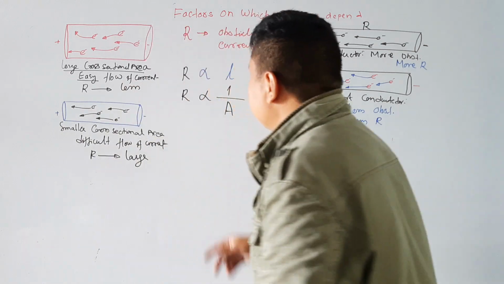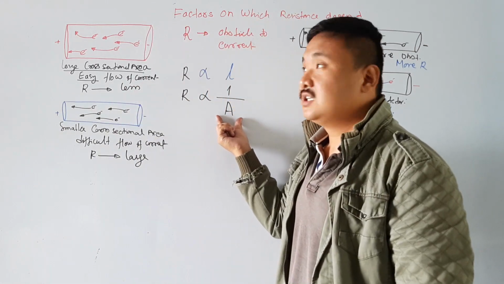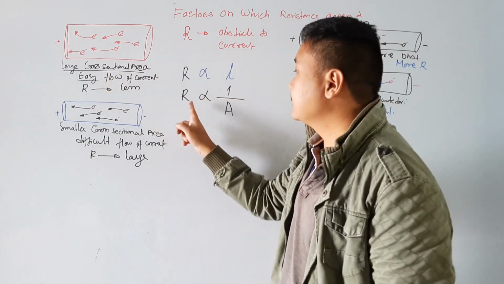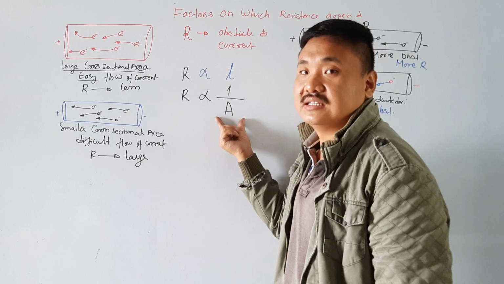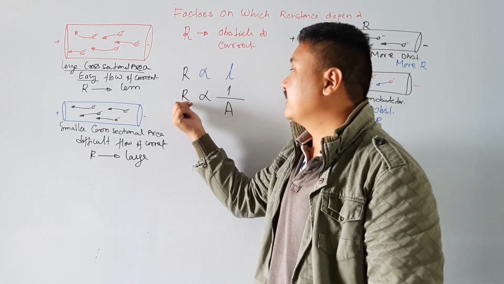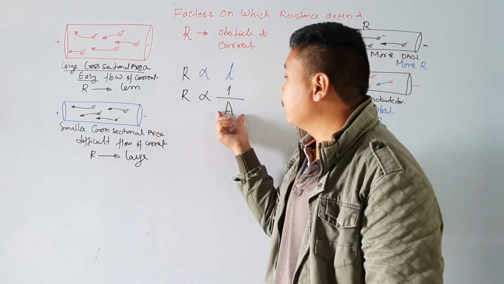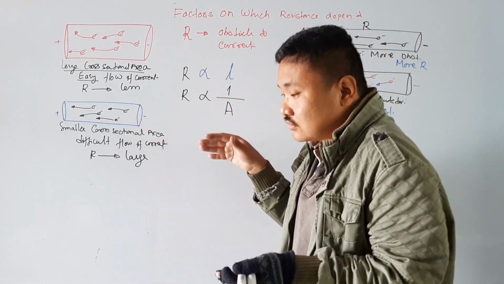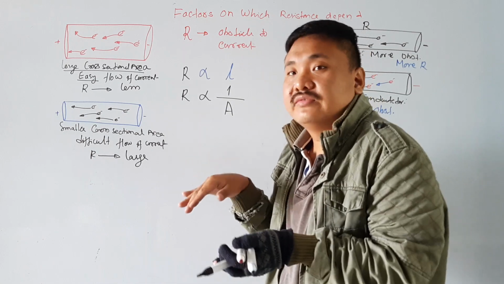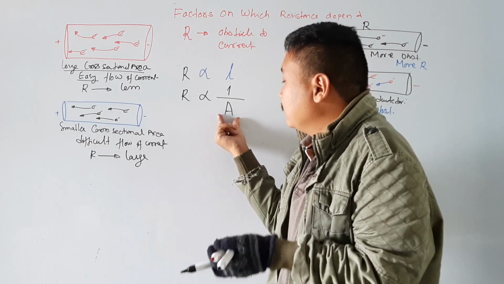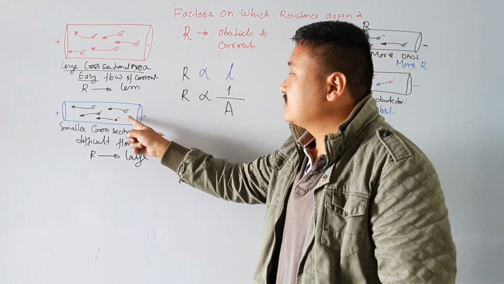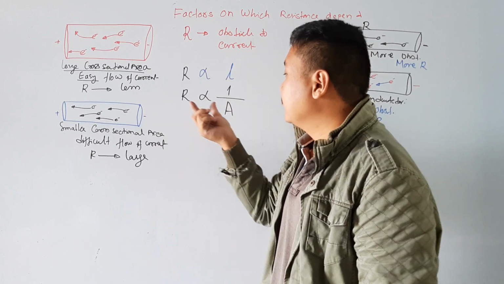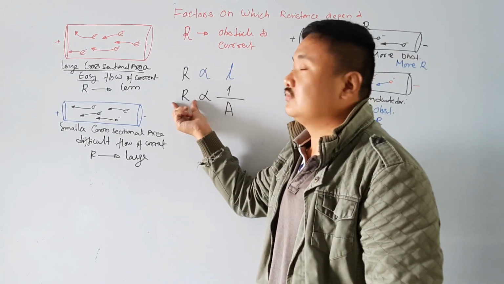What does this mean? If you increase the area, the electrons will go very easily, and easy means resistance is less. If you decrease the area, making it smaller and smaller, the electrons get tightly packed and feel it very difficult, so the resistance will increase. If you increase the area, resistance decreases; if you decrease the area, resistance increases.